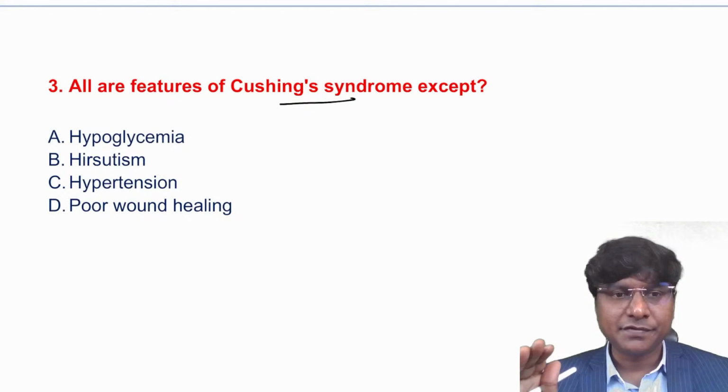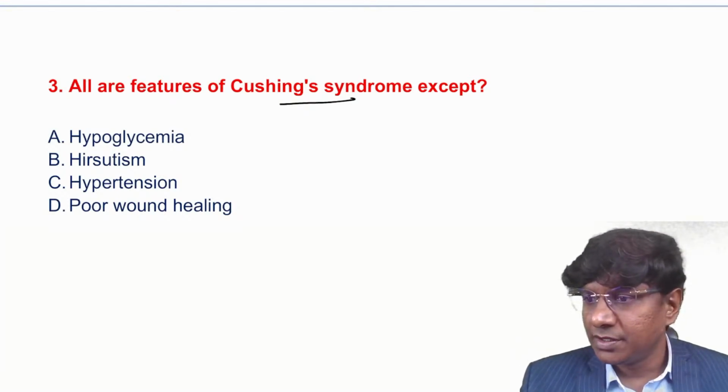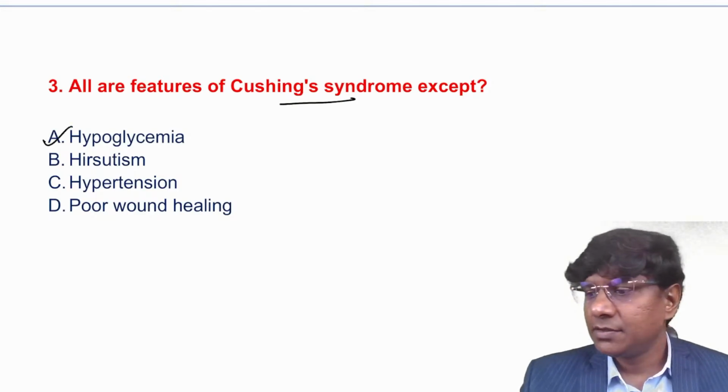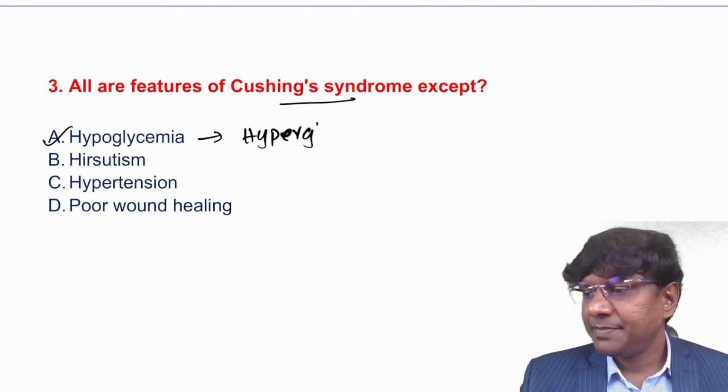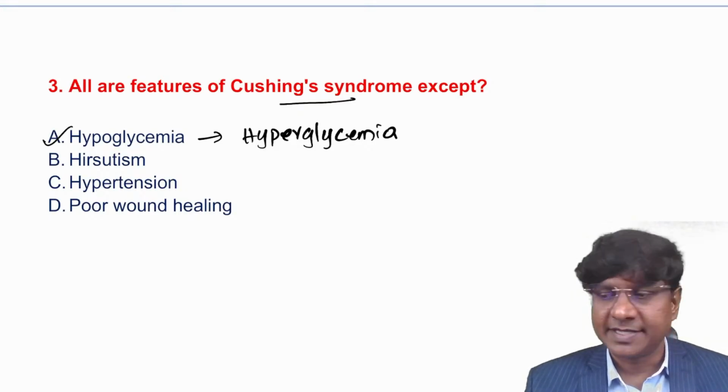So in case of Cushing syndrome, what you will not have is, yes, very good, Anvesh Panda, hypoglycemia. In fact, these patients will be having hyperglycemia, right? Why? Because in Cushing's there is elevated glucocorticoids. These elevated glucocorticoids increase hepatic gluconeogenesis, and that will result in hyperglycemia.